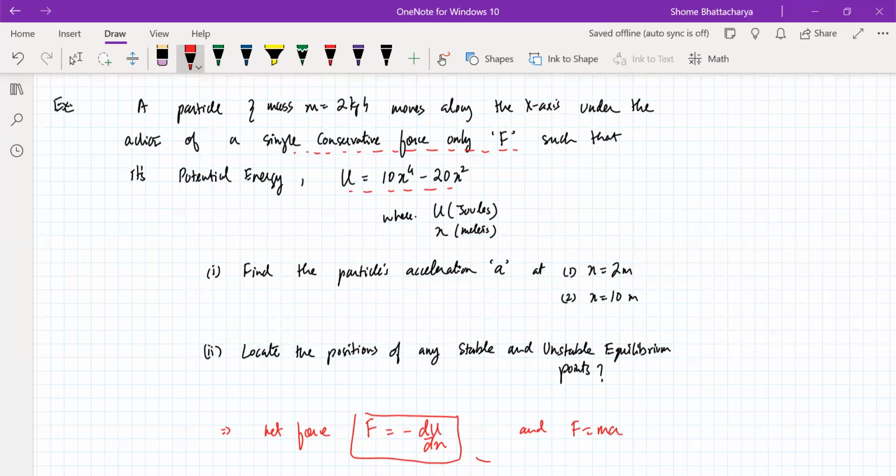And also, on potential energy graphs, local maxima and minima points will be our unstable and stable equilibrium points. So these are the two concepts that we will use here to solve the two parts. Just apply it. It's quite easy here to do the differentiation because it's a simple function.